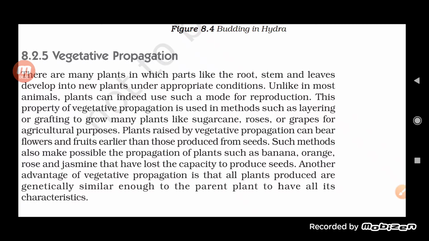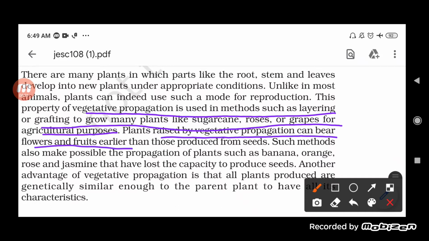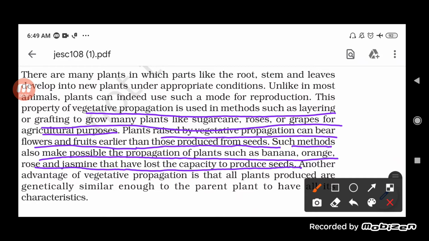See, here it is written that the property of vegetative propagation is used in methods such as layering and grafting to grow many plants like sugarcane, roses, grapes for agriculture purposes. Plants raised by vegetative propagation can flower and fruit earlier than those produced from seed, and such methods also make possible the propagation of plants such as banana, orange, rose, jasmine that have lost the capacity to produce seeds.